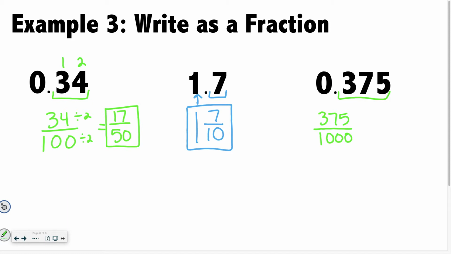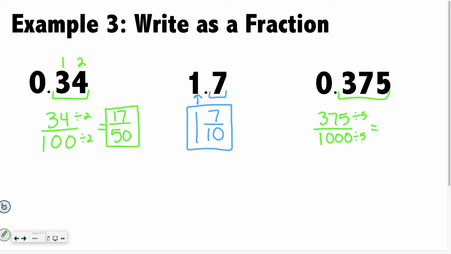And then if I want to simplify that, I know that I can divide by 5 on top and bottom because both numbers end in a 5 and a 0.